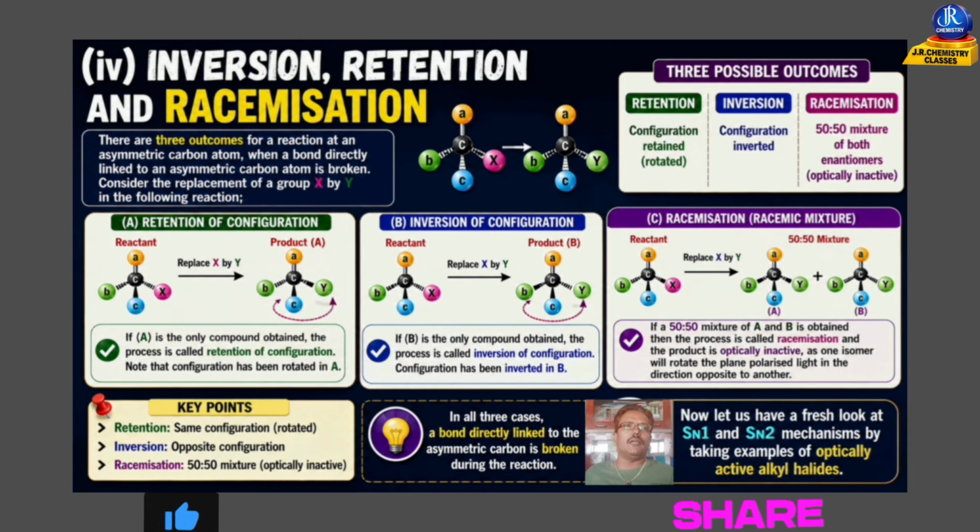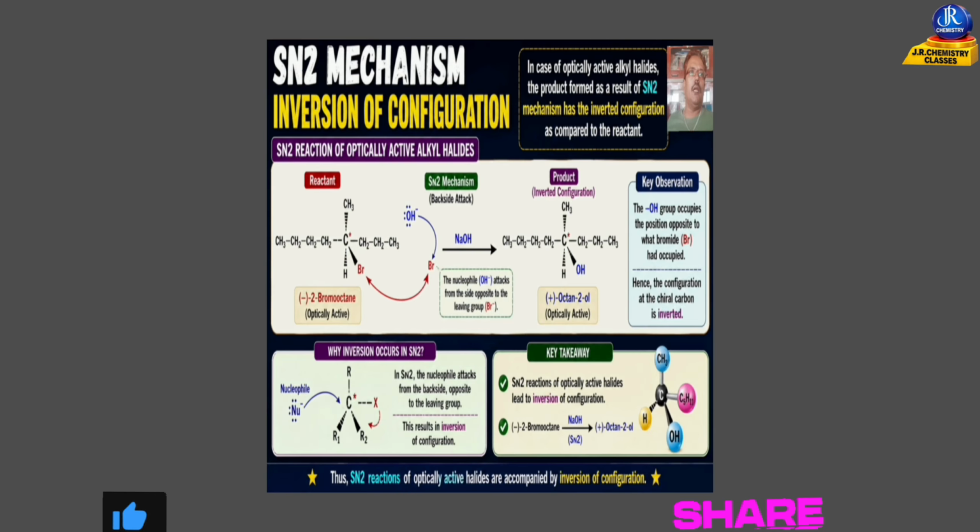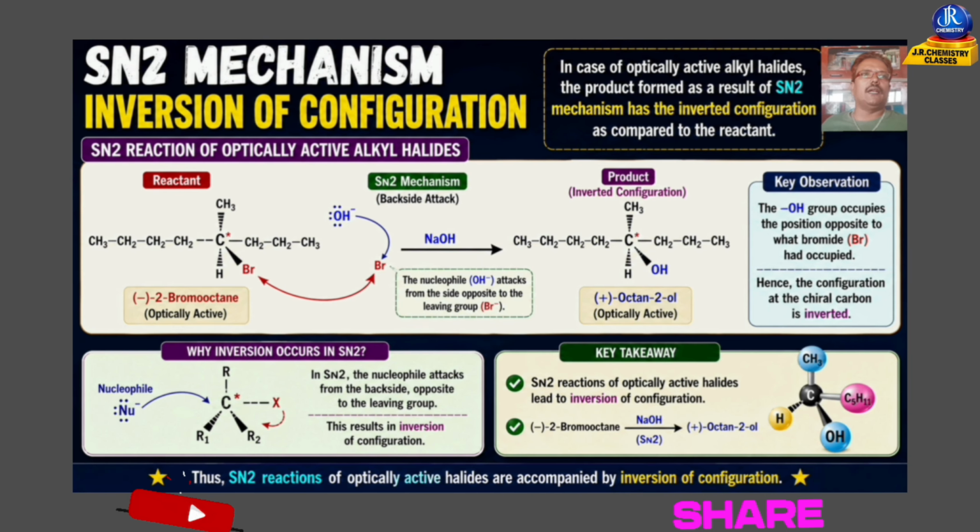Now let us have a fresh look at the SN1 and SN2 mechanisms by taking examples of optically active alkyl halides. In case of optically active alkyl halides, the product formed as a result of the SN2 mechanism has the inverted configuration as compared to the reactant.